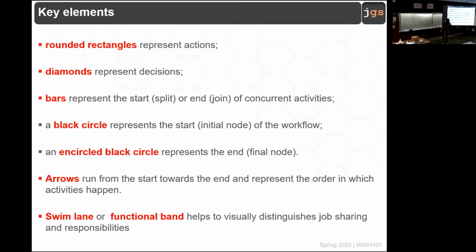A rectangle represents one instruction, one activity, one step. That is your rectangle. One instruction in your program, one activity to do in the process, one thing to happen. Every individual thing is going to be one rectangle. Now, you are going to have diamonds.